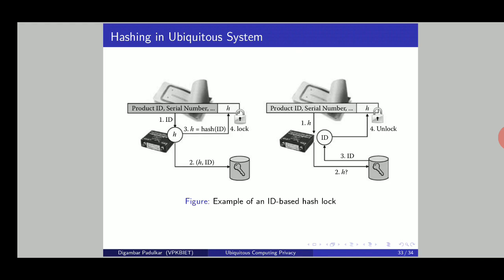H is the hash key generated. Hash is the function which is applied on the different components which we read earlier, means product ID, serial number, name of the product, and so on and so forth. The combined hash key that we are generating is the combined result, a complete hash generated out of this.